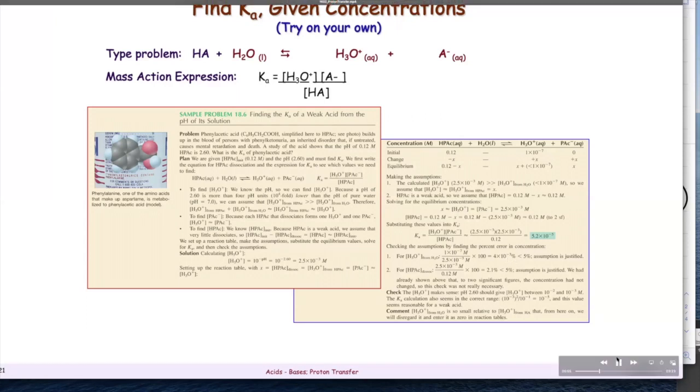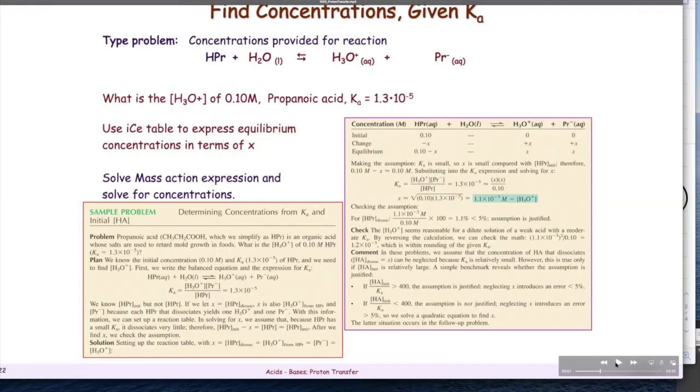So let me move ahead. Here's a second example because I wanted to illustrate to you guys, again, more of these things. You just need to practice it. And here's where I picked up that if the initial concentration divided by Ka is greater than 400, then generally one iteration will work. But if it's less than 500, you generally would need 2 iterations.